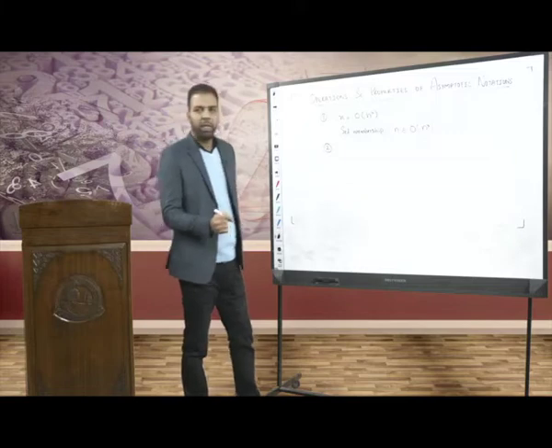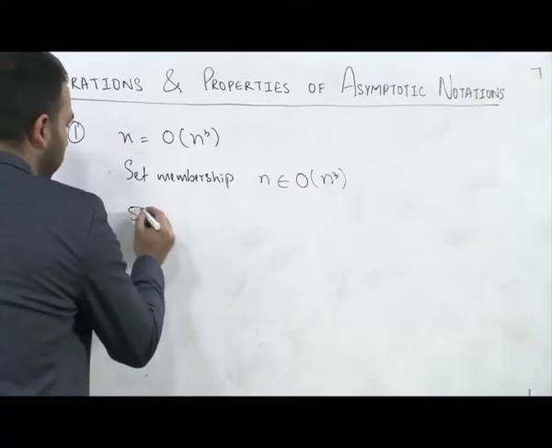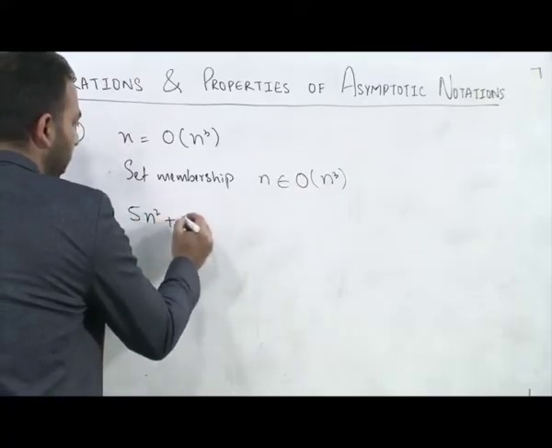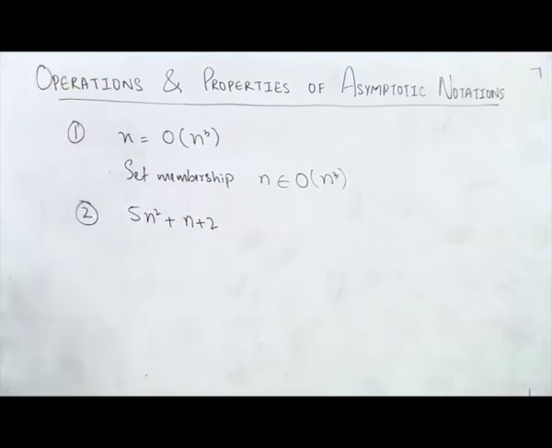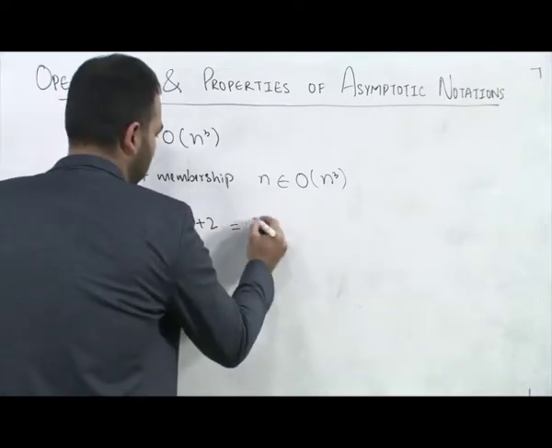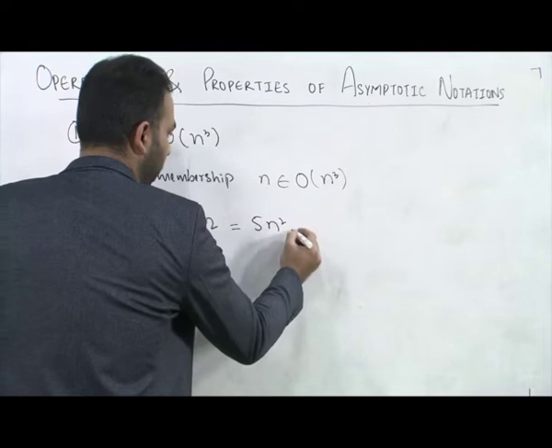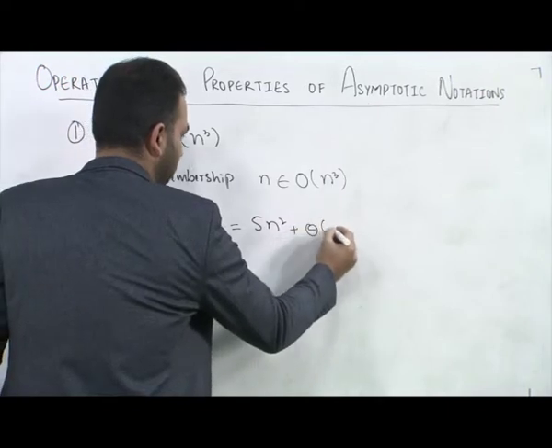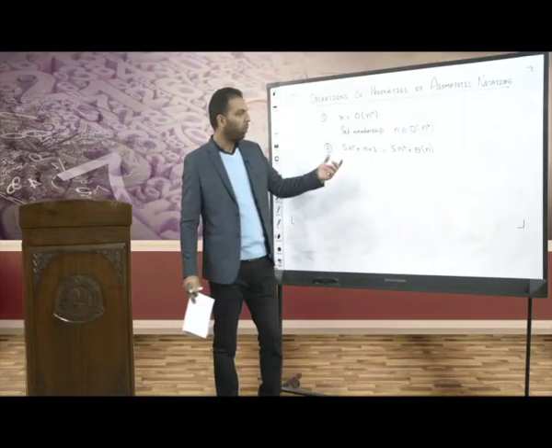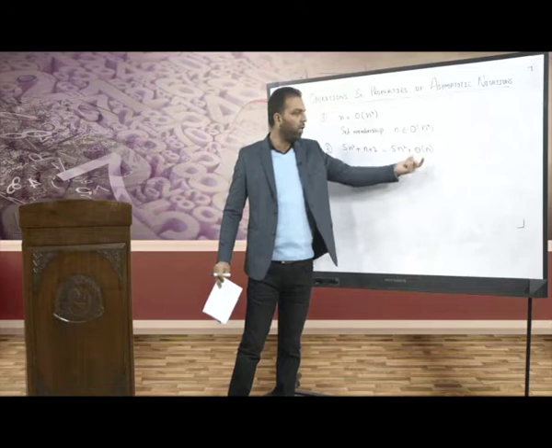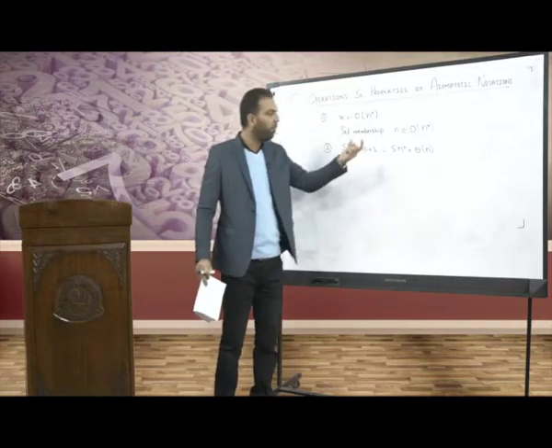Now in the second case, we can have something like this. Say we have 5n square plus n plus 2, okay? So what we can do is write this equation as 5n square plus theta of n. So you can see here that we have written the asymptotic notation in between the equation.